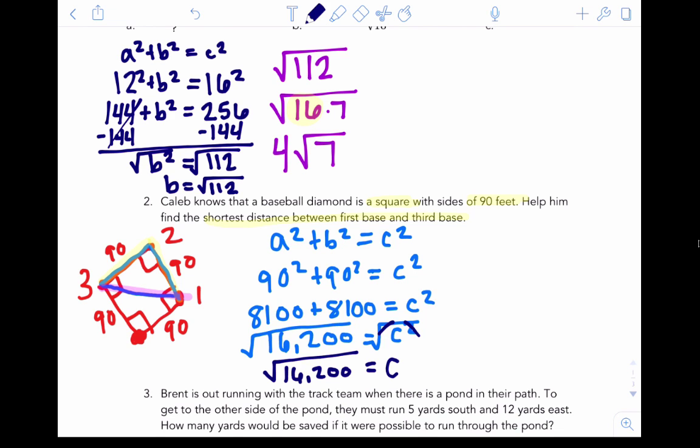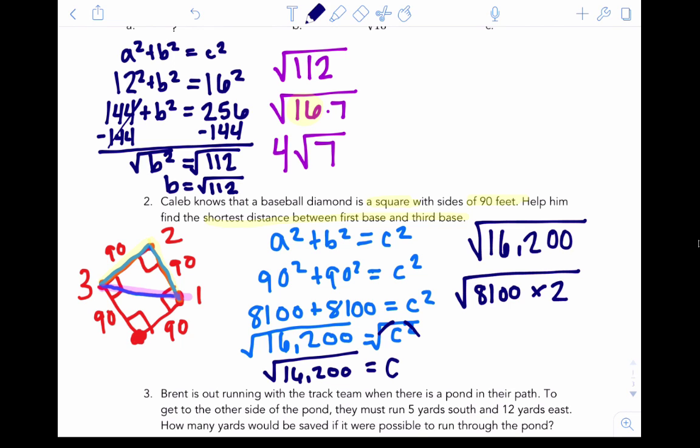Now this can be simplified. So I'm going to go ahead and do my simplification over here to the side. So I have 16,200. I know that that's 8,100 times 2, because that's basically what we did right over here. We took 8,100 plus 8,100, which is the same as 8,100 times 2.